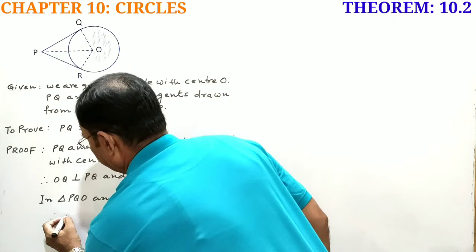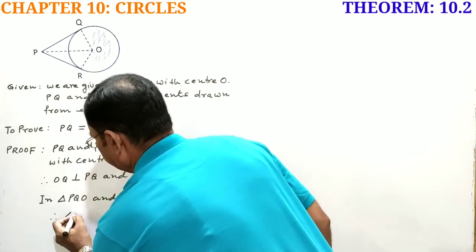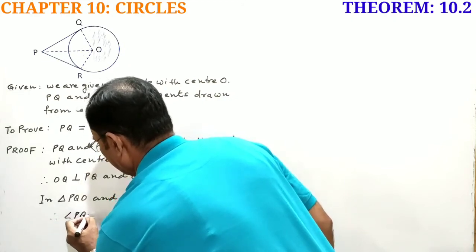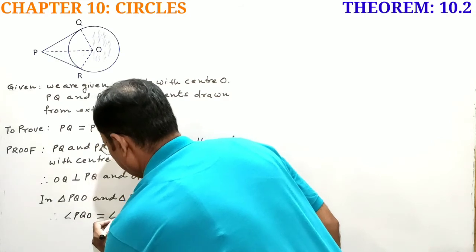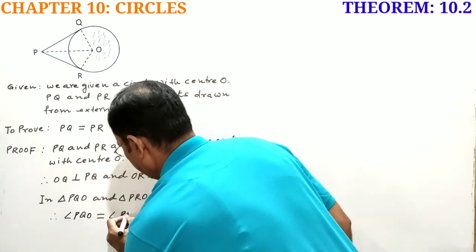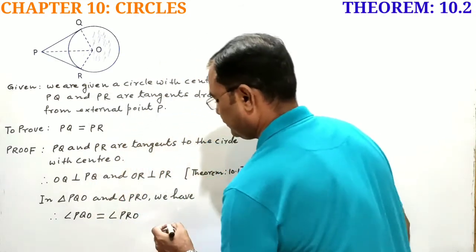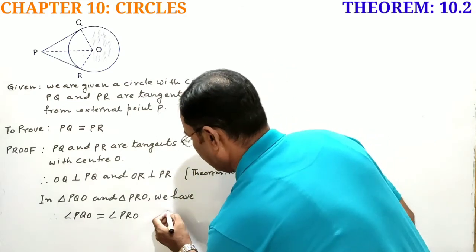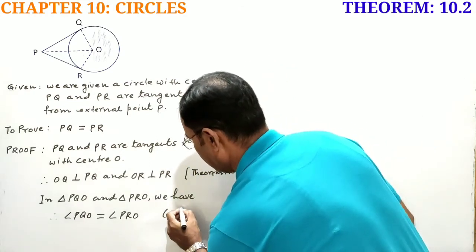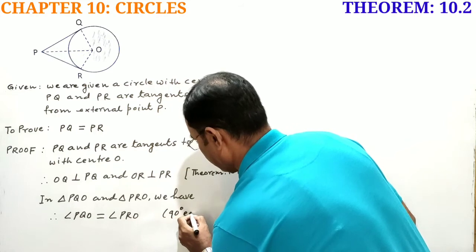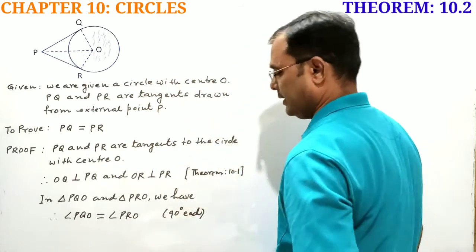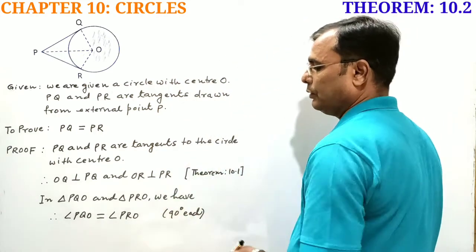So therefore, angle PQO is equal to angle PRO, 90 degrees each, as the radius is perpendicular to the tangent.